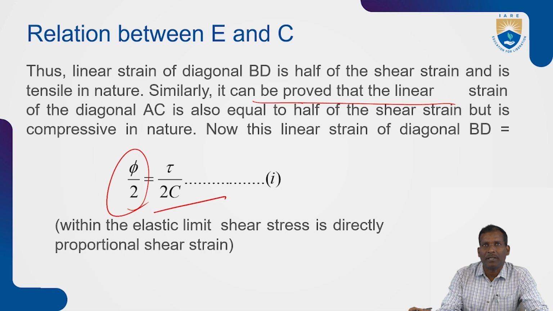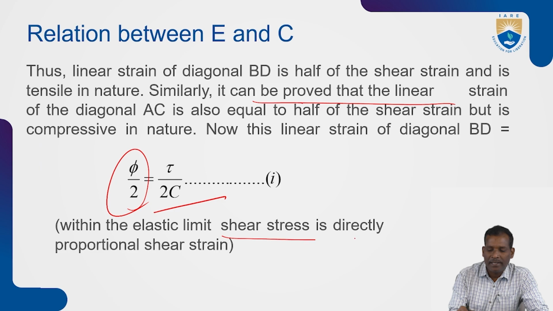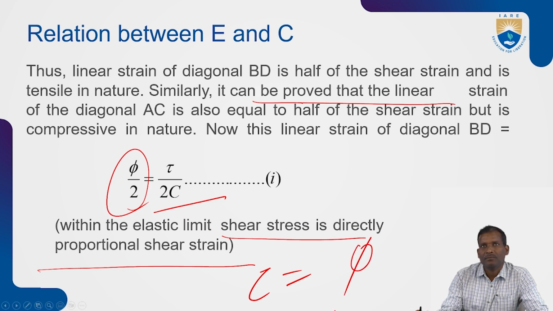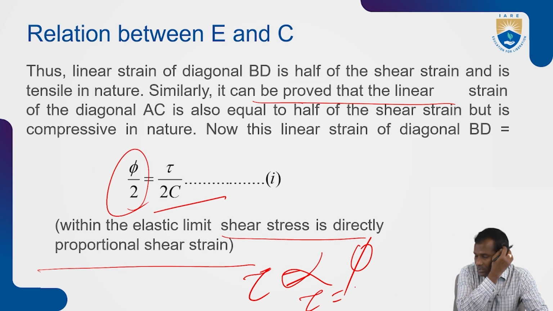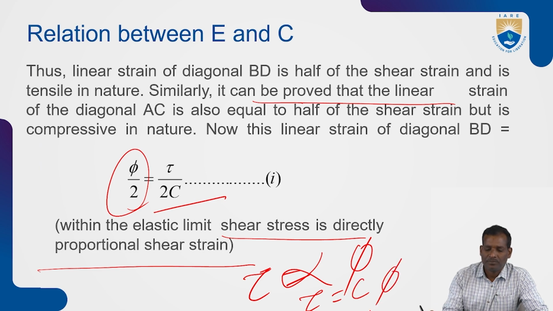Within the elastic limit, the shear stress is directly proportional to the shear strain. The shear stress is directly proportional to the shear strain, so shear strain here is phi. Clear? Now you can write with the help of C: E is Young's modulus, and rigidity in case of shear is C. So tau by C is equal to phi.